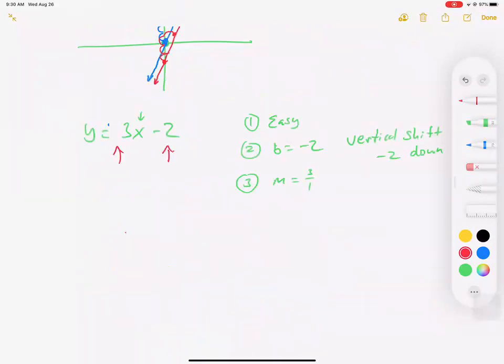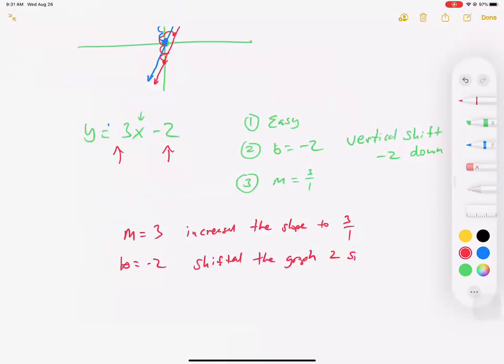So the m, which is 3, increased the slope to 3/1, and the b value, the -2, shifted the graph 2 spaces down.